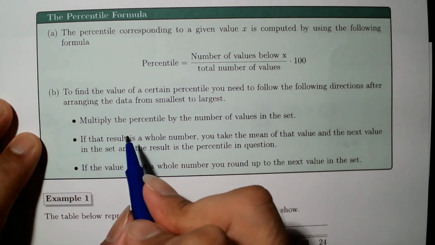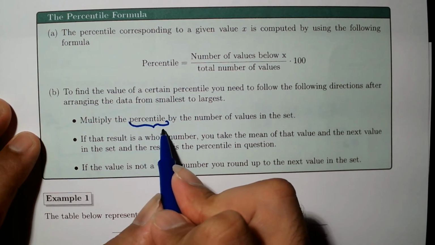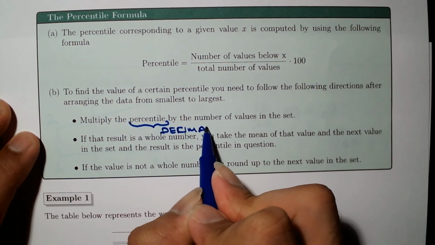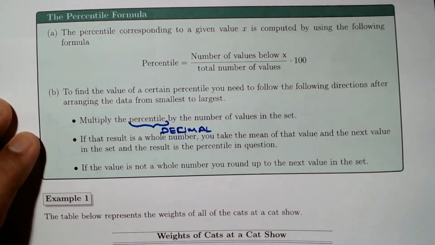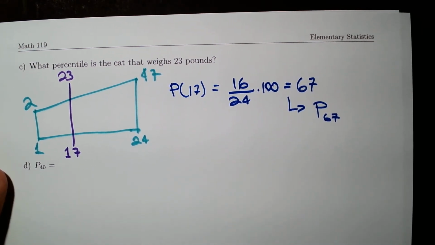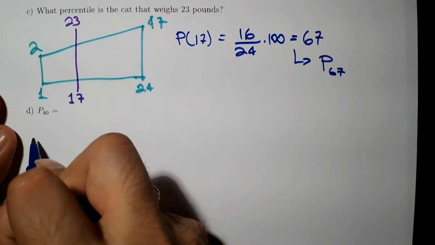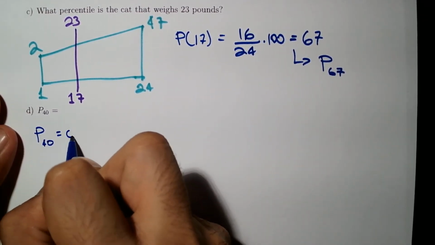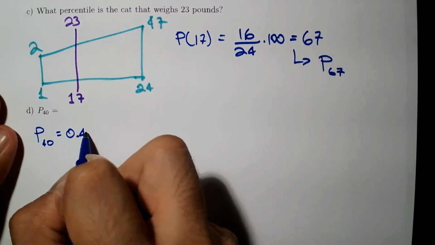So in this case we want to know the 40th percentile, P40, which is the same as multiplying by 0.4.